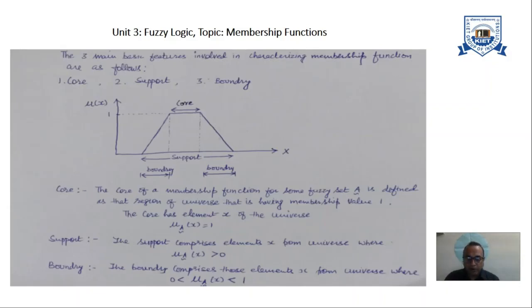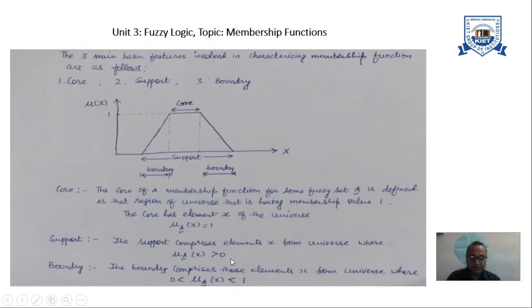And boundary is that region which contains all those elements of the universe of discourse whose membership value is greater than 0 and less than 1. So you have seen that there are three different regions: core, support and boundary.